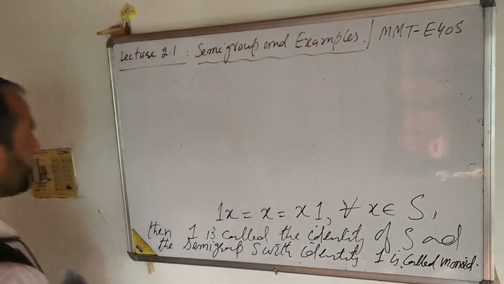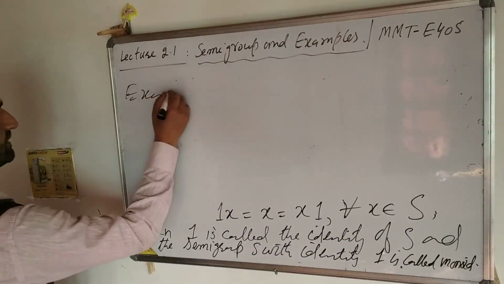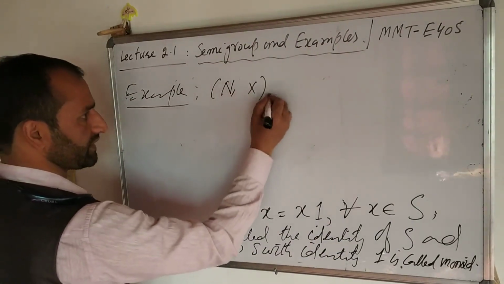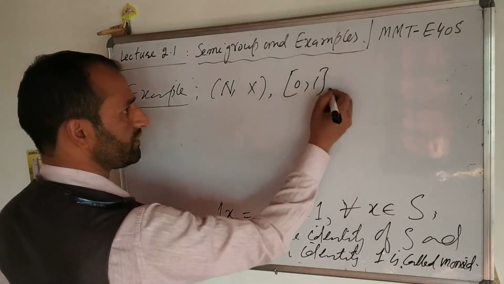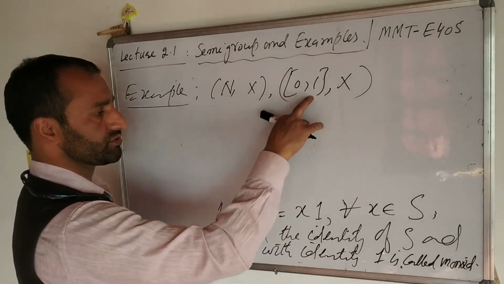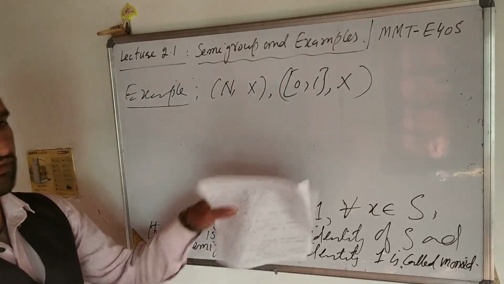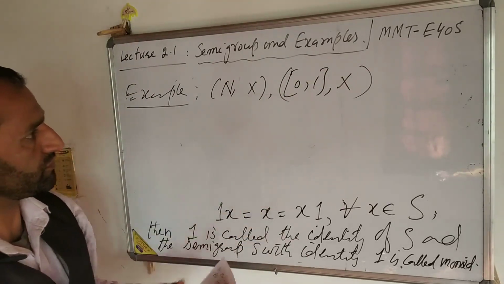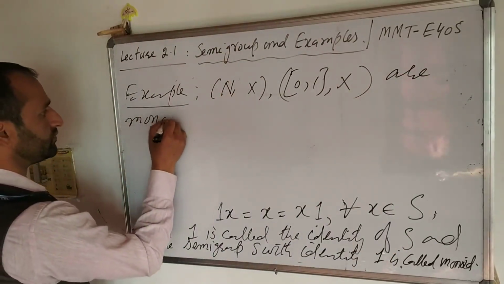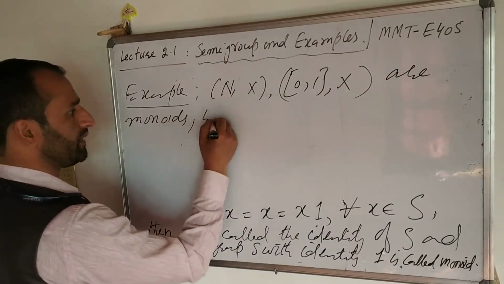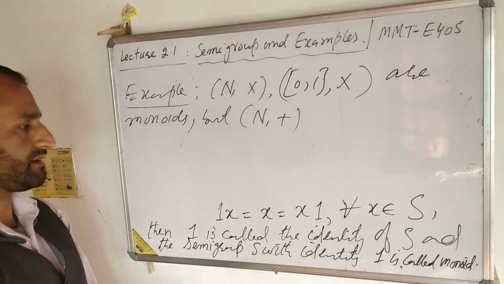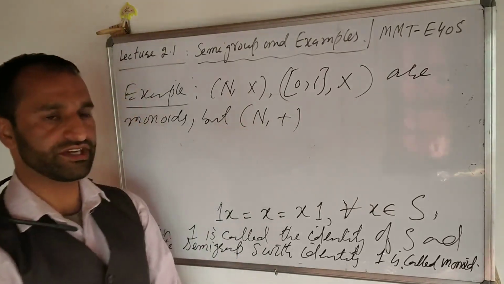Now, we took some examples earlier. Let's see this. N with usual multiplication and the interval [0, 1] with usual multiplication are all monoids. Here 1 is the identity, because the operation is multiplication. But N with addition is not a monoid because it does not have an identity under addition.